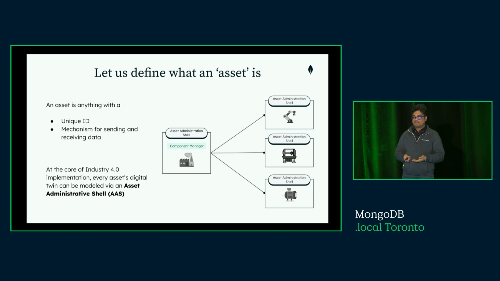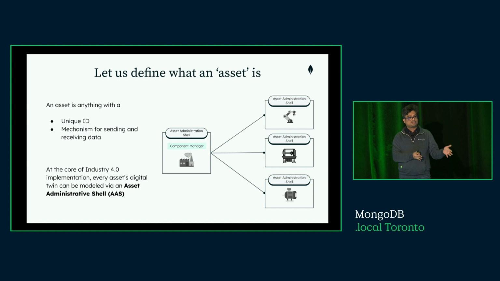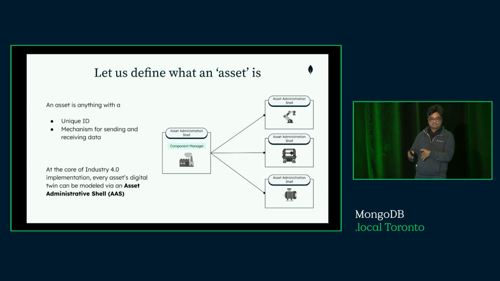To recap, to achieve Industry 4.0, we need to start with the reference architecture. That's the first step. Our reference architecture tells us that all the items on the manufacturing shop floor should be modeled as assets. An asset administration shell is a way to model these assets, and these assets are connected to each other and exchange information using standard APIs.